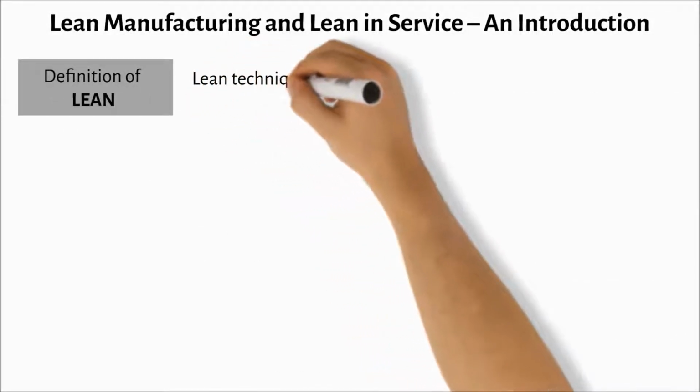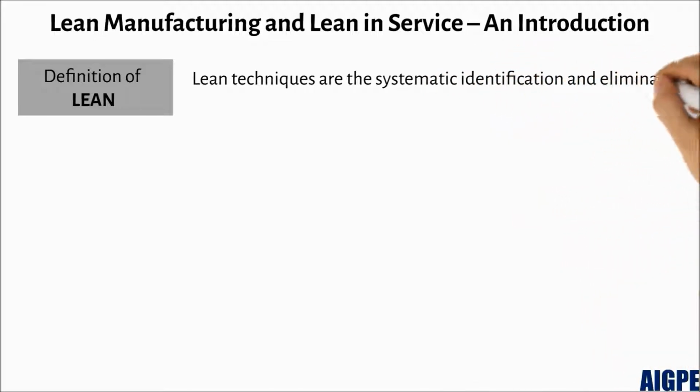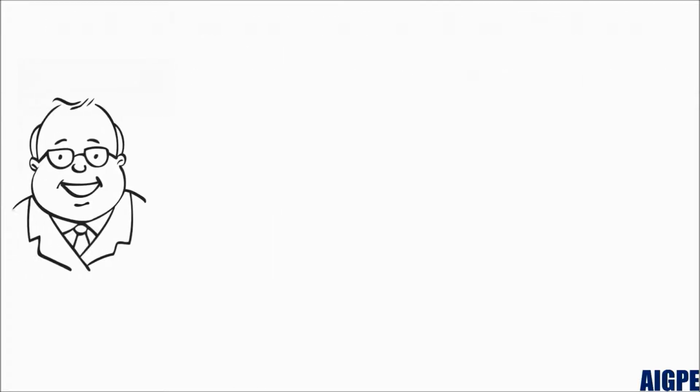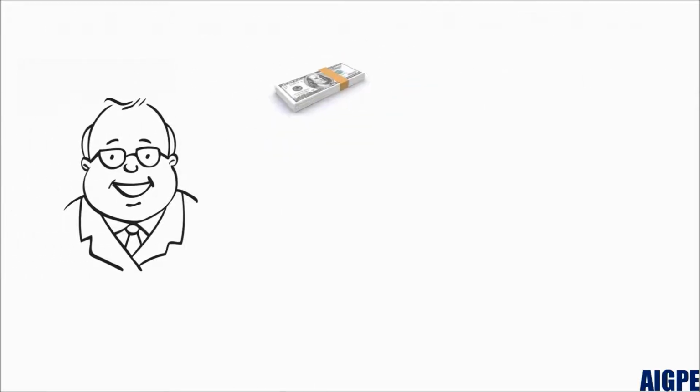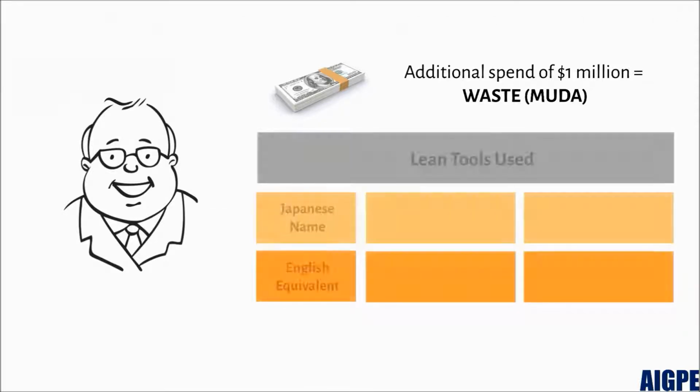Lean techniques are, in the most basic form, the systematic identification and elimination of waste. In this example, the organization's owner treated the additional cost of $1 million to fix the issue as waste. He applied the basic lean tool called Genchi Genbutsu. What a name! Genchi Genbutsu in English would mean go and see yourself.